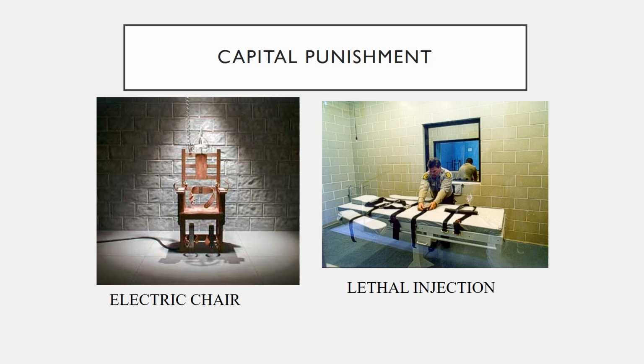Well, there have been arguments about that, and there will continue to be arguments about that probably until the end of time. But traditionally, of course, we had various methods to use for capital punishment, whether it be hanging or the firing squad or the electric chair. Lethal injection is a more modern take on a way to carry out capital punishment. But like I said, it's been used since the beginning of U.S. history.